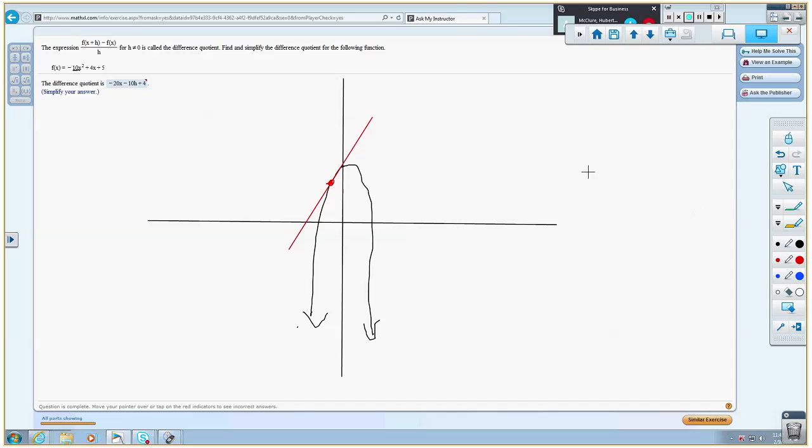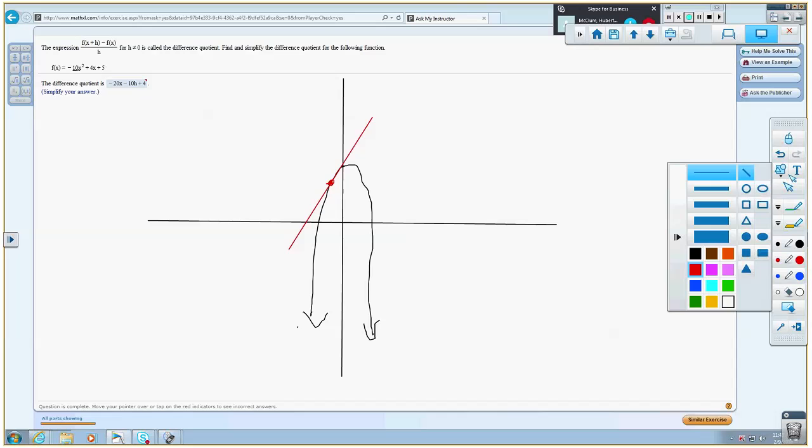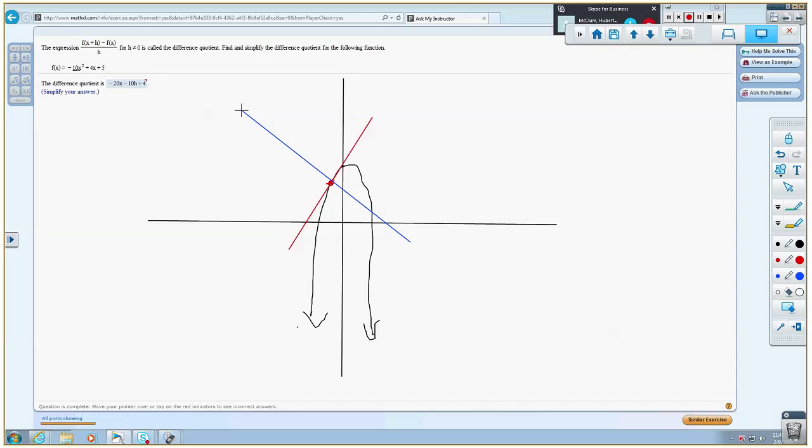Now, if I can find the tangent line, then I can take my handy-dandy blue marker, and I can find the normal vector, which is perpendicular to the tangent. And at that point, that blue line represents the acceleration and the velocity of that particle in space. But you can't find it unless you find the tangent line.